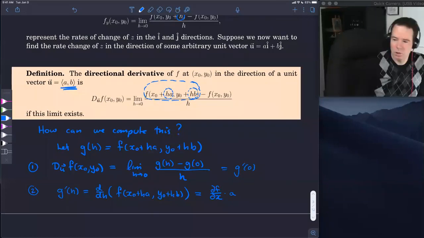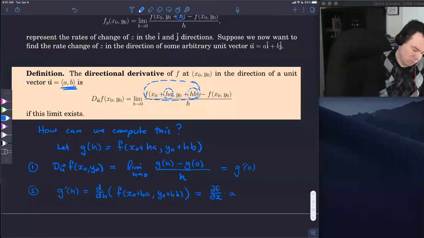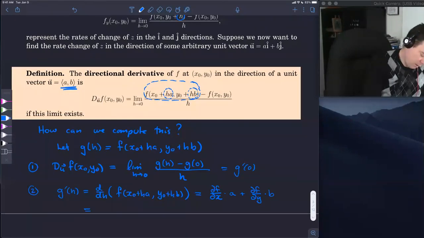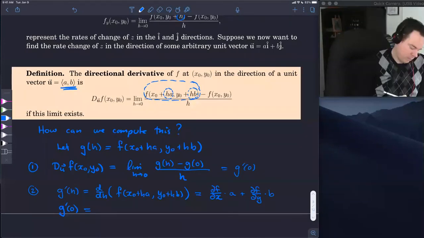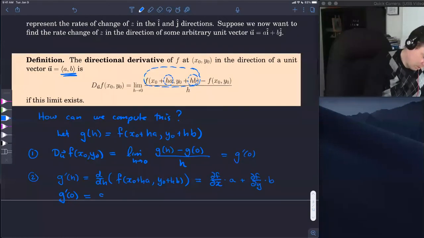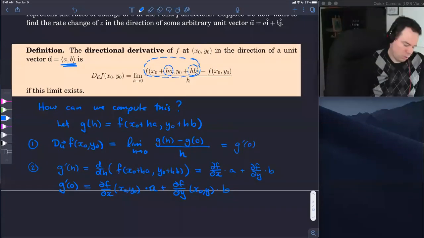But the x function is x naught plus ha, which is linear, so its derivative is a. And similarly for the other part: the derivative with respect to y times b. When I plug in 0 now, this becomes del f/del x at (x naught, y naught) times a, plus del f/del y at (x naught, y naught) times b. And so that's our directional derivative.